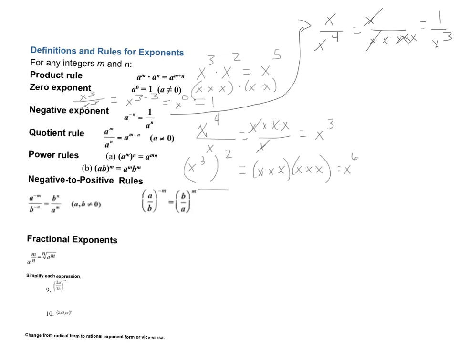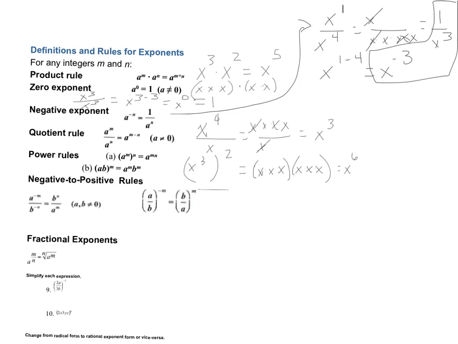Now, that's if I write out what it means. All right, so I can follow what's going on. But use your quotient rule for a minute. If I have a 1 on top and a 4 on bottom, remember how we said you can subtract the exponents? If you subtract the exponent on top minus the exponent on bottom, that gives you what? X to the negative 3. Now, wouldn't it be true that these two have to mean the same thing?